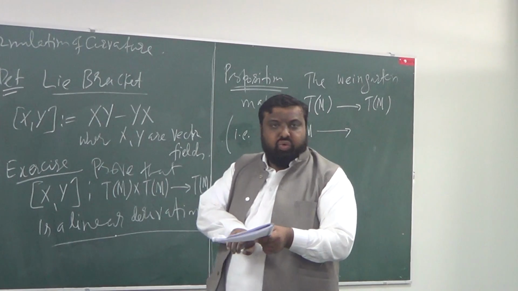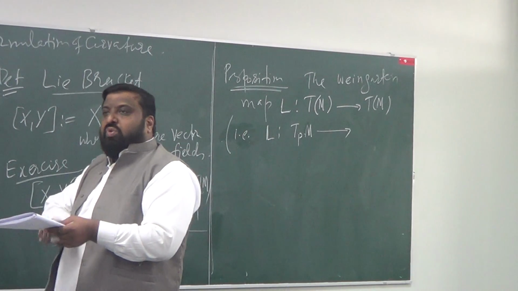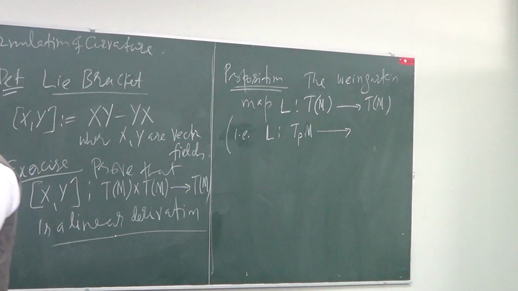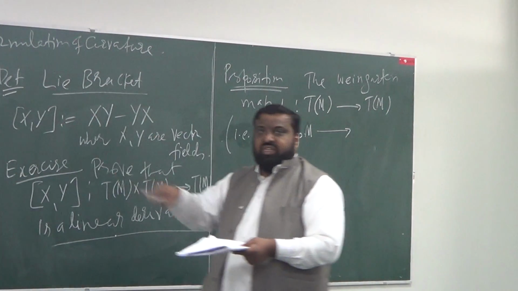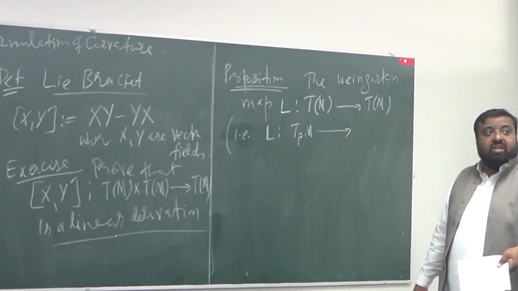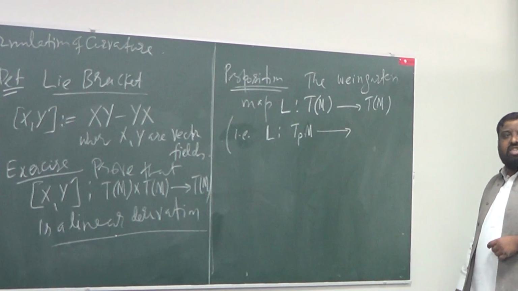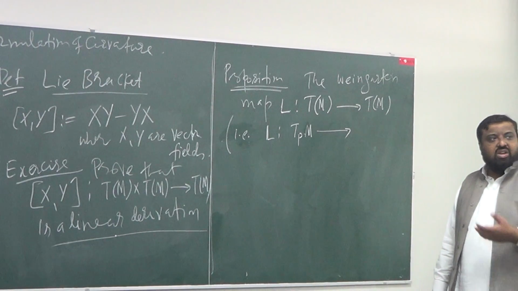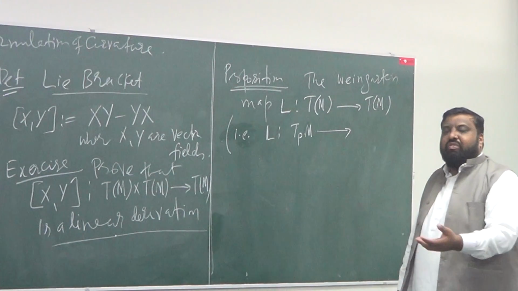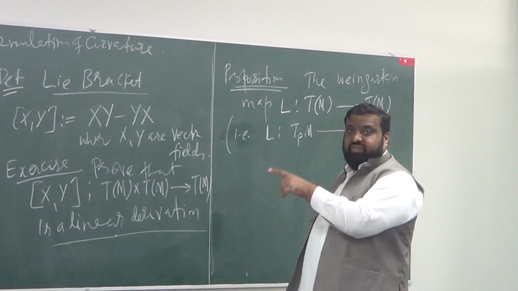N is throwing the points to N of P. So N of P is a point on the sphere. So what will be the meaning of computing the derivative of N of P in the context of the sphere?